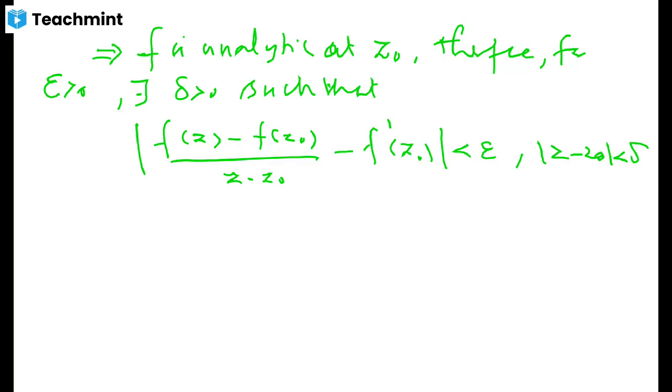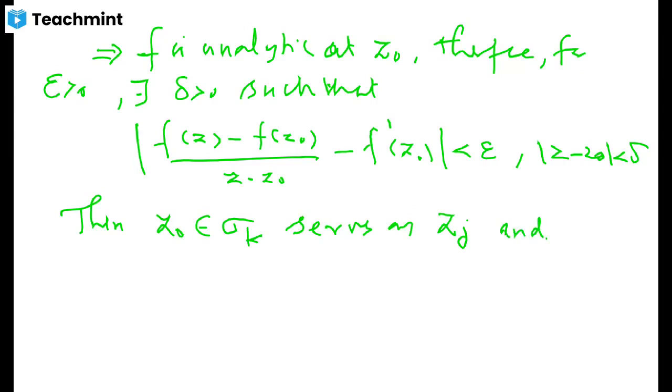Is it okay? But then z naught is in this disk, sigma k serves as z j, and sigma k is entirely lying inside this disk delta. So this inequality holds. This is inequality 1 here, if we substitute z naught to be z j.